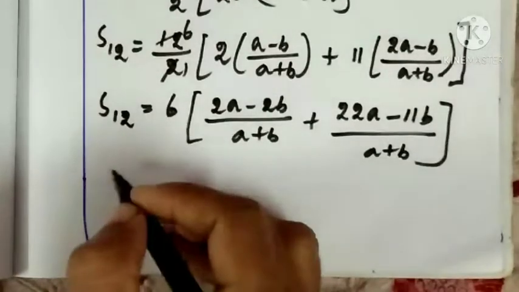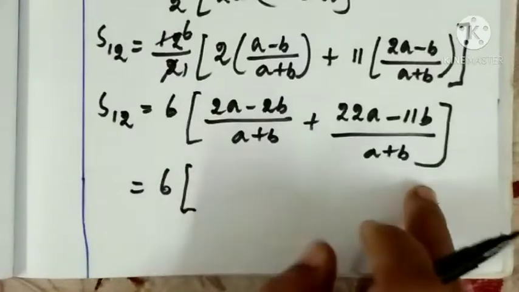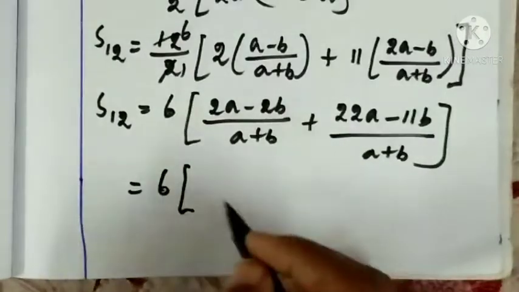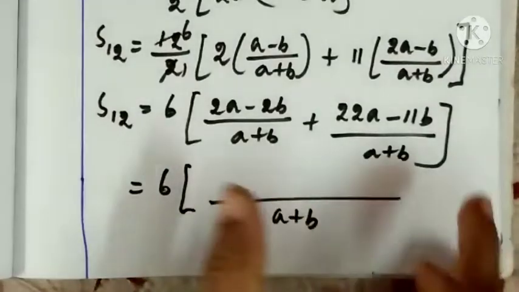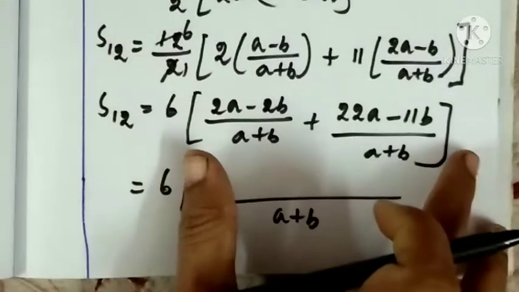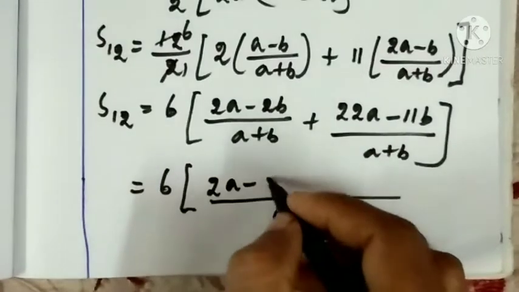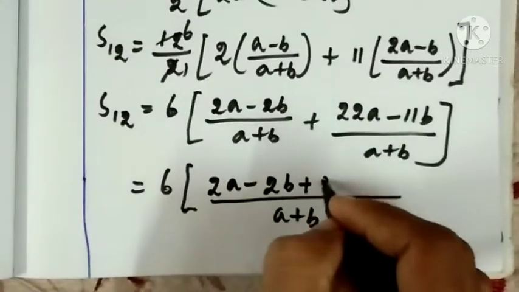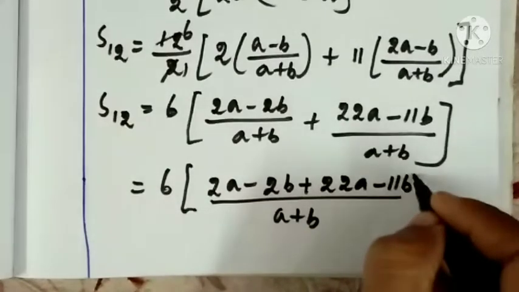That is 6 into, here the denominators are common, so you write a plus b one time, then you have to add the numerators, and we get 2a minus 2b plus 22a minus 11b.